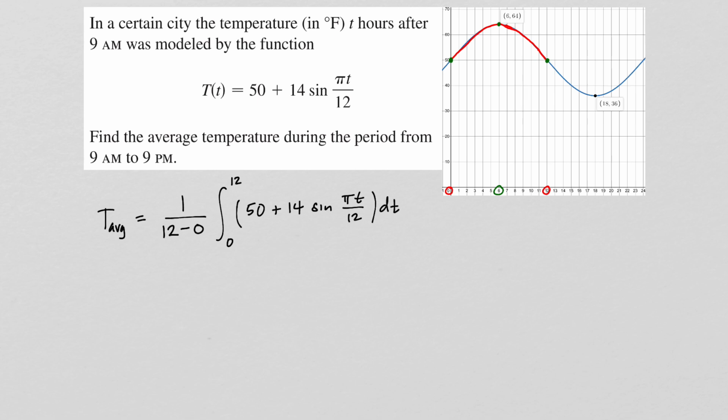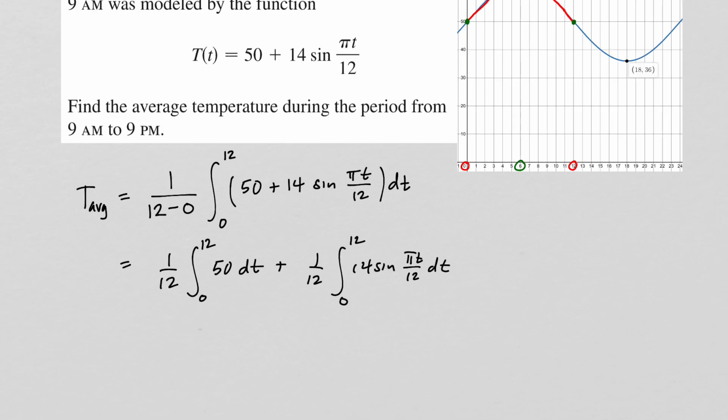Now to do this integral, we basically need to do two separate integrals. We have 1/12 integral of 50 dt plus 1/12 integral of 14 sine of pi t over 12 dt.